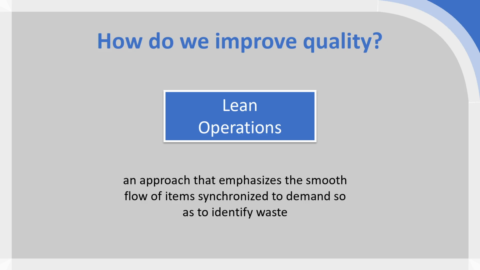So we're looking to improve quality through examining our internal processes and aiming to pull items through our operation rather than have them pushed as is traditional, and to synchronize our supply with demand to really minimize any waste along the chain itself. It's quite a different way of organizing our operations as well as organizing our supply chain, but it does have demonstrable benefits for particular industries and particular operations.